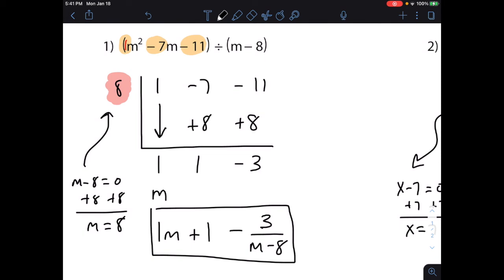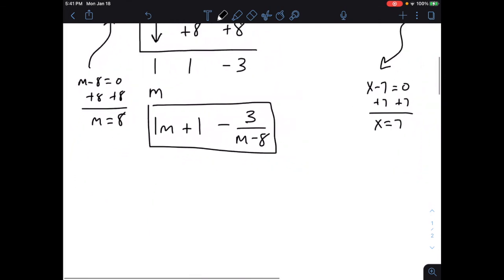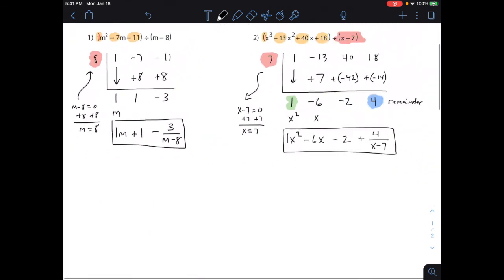Okay, and if you are at all doubting yourself, what you can really easily do with these is just use long division to be able to do this division. So let's do this one with long division and see if we get the same answer. So we have m minus 8, and then we have m squared minus 7m minus 11.